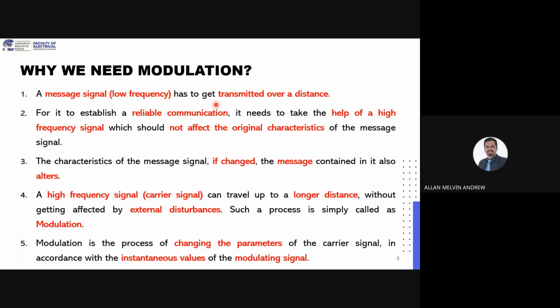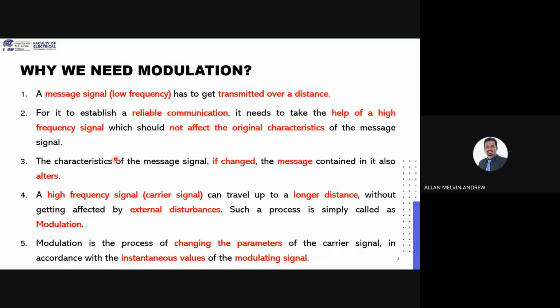So we want to establish communication. One of the important reasons for modulation is to establish a reliable communication. In order to do that, you need to take help of a high frequency signal, which should not affect the original characteristic of the message signal.